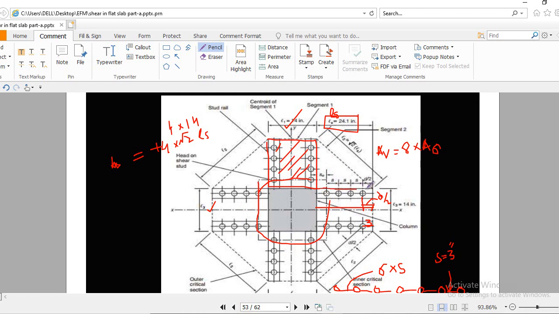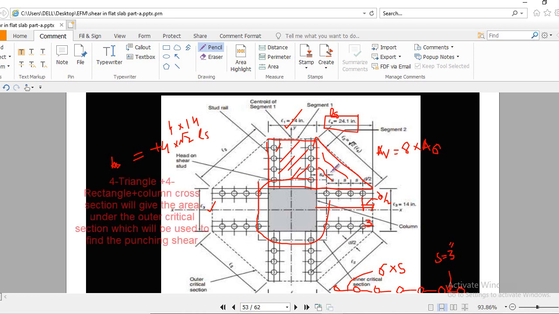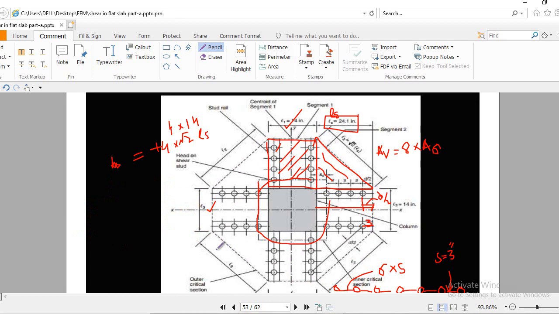You see this triangle, clear, this one. So the area of this triangle will be half times this distance times this distance. This distance is 24 and this distance is also 24. So we have 4 triangles. So the 4 triangle areas plus the 4 rectangle areas will give the area under this outer critical section.